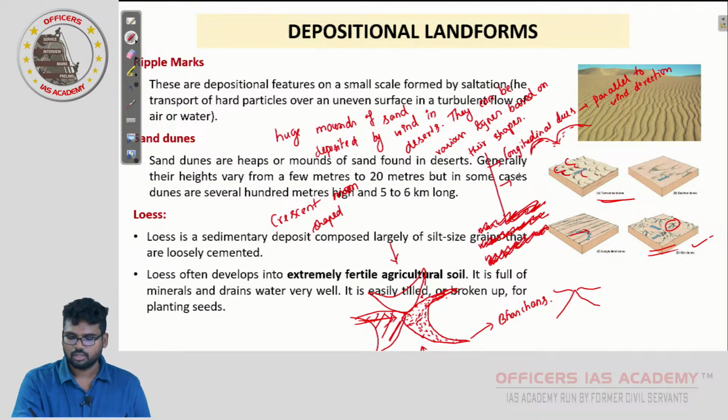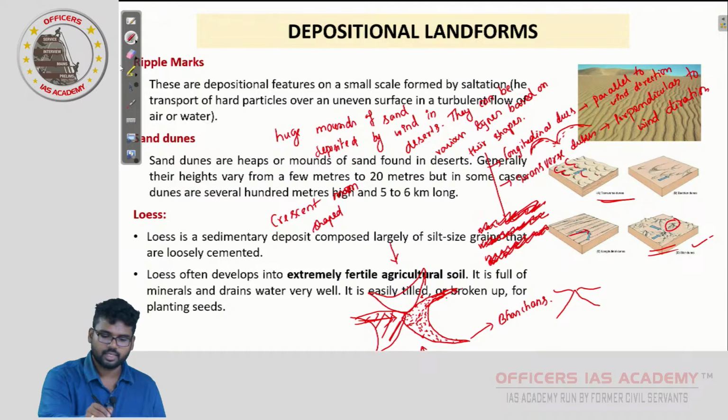Next, transverse dunes. These are perpendicular to wind direction.